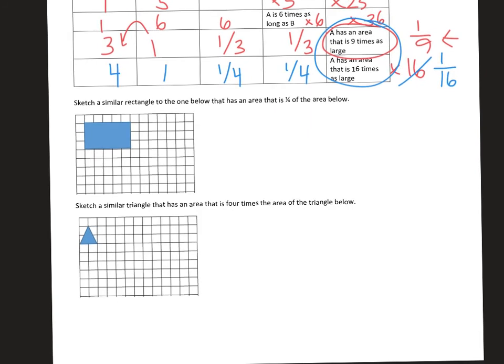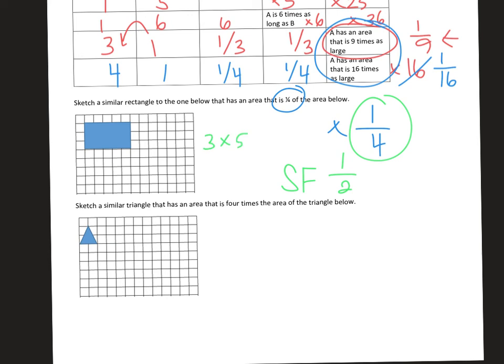Okay, sketch a similar rectangle to the one below that has an area of 1/4 of the area. So remember, if our area factor is 1/4, then I can find the scale factor by taking, what number do I multiply by itself twice to get 1/4? So the scale factor has to be 1/2. So I'm going to take 1/2 of each of these sides. So this was a 3 by 5.